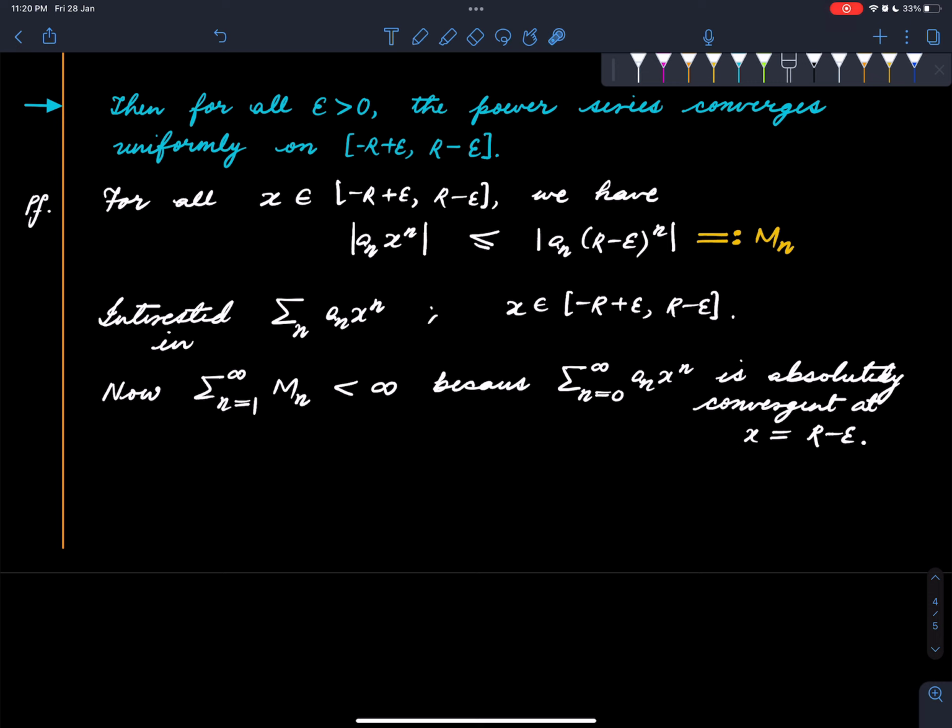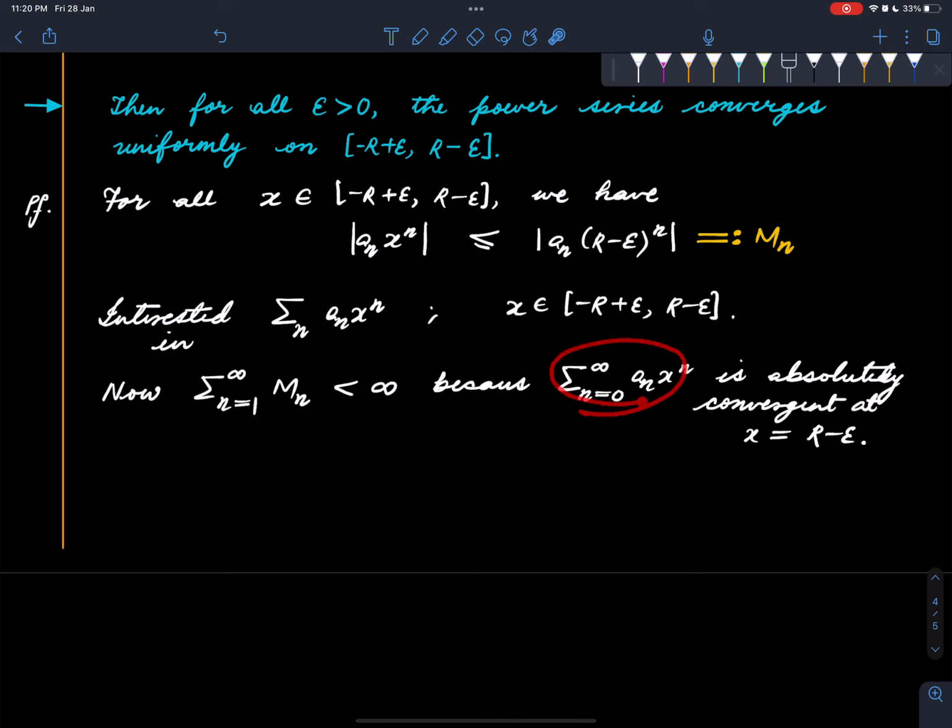So if you substitute x equals R minus epsilon, then the fact that this converges absolutely at R minus epsilon says that this summation is finite.